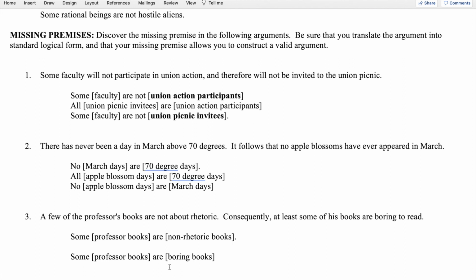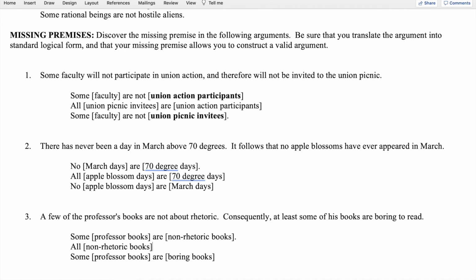So to figure out where that's going to go, it's got to be in a distributed position, and I know this cannot be a negative missing premise because that would again give us unequal negation. It has to be an affirmative statement, and then that also tells us it's going to be universal affirmative with the subject term non-rhetoric books because it has to be in the subject position of a universal affirmative because it has to be distributed. So we have a middle term that's distributed now once and only once, and that's fine.